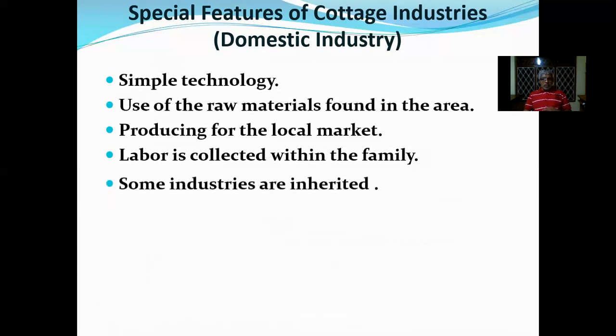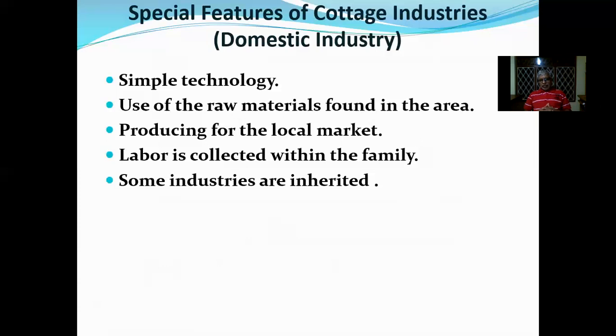Some industries are inherited. A new idea is coming, inherited. Inherited means they are coming through the generations. That means sometimes forefathers, grandfathers, great grandfathers engage in that industry and it is passing through the generations. That kind of industries can be found in Sri Lanka. One is the pottery industry.